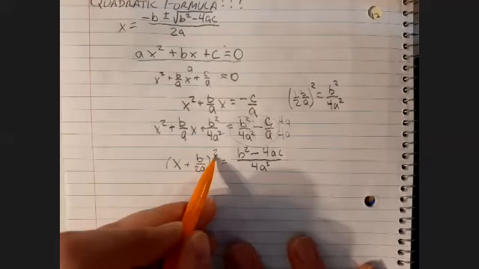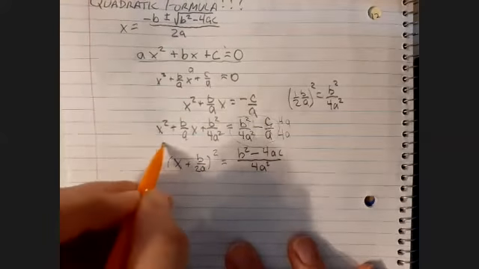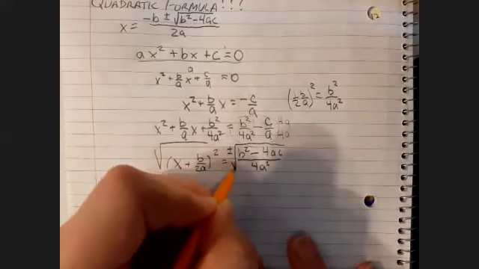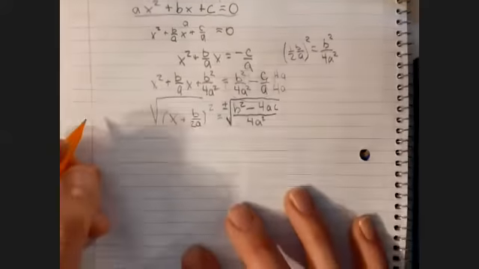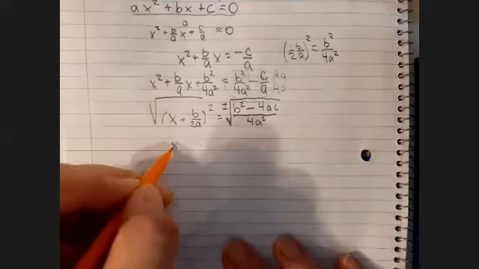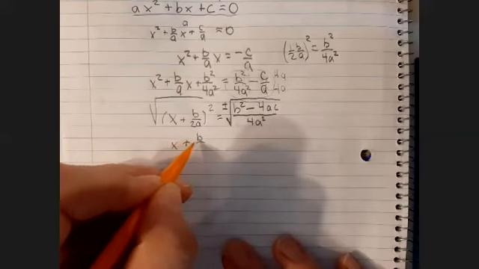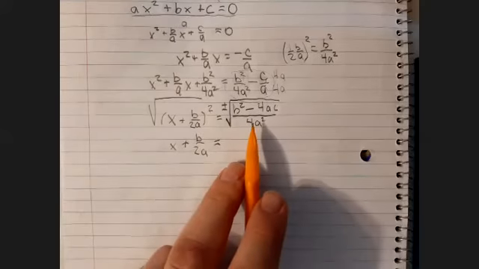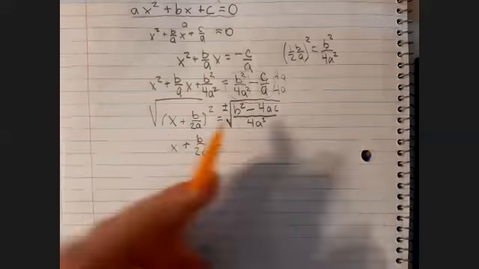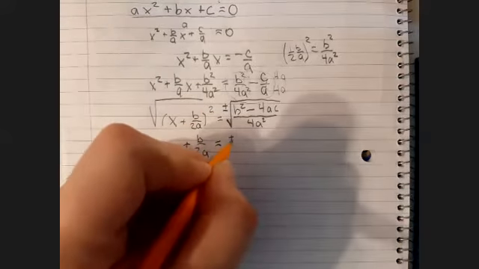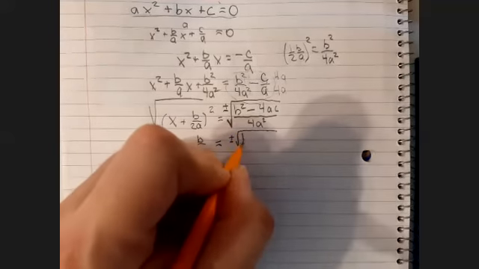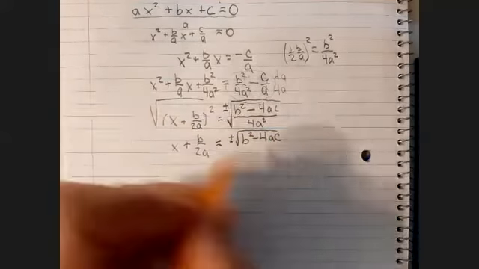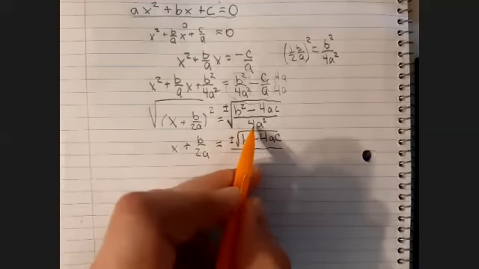Now, since we're squared here and we're trying to solve for x, you take the square root of both sides. Don't forget your plus or minus. Then the left side is going to be x plus b over 2a equals, and now remember, I told you before, when you take the square root of a fraction, you could take the square root of the numerator, plus or minus the square root of b squared minus 4ac, all over the square root of the denominator.